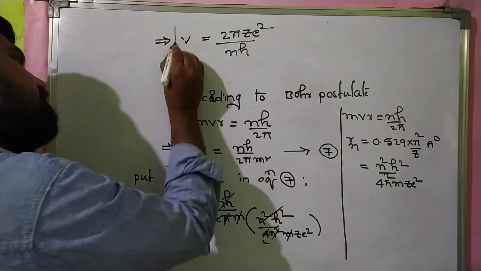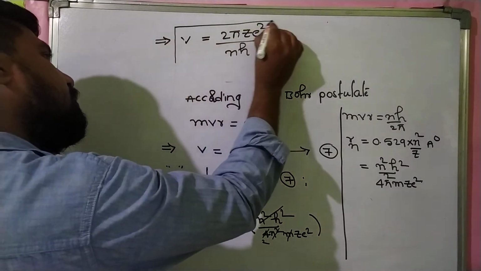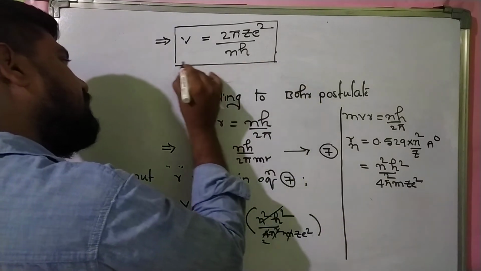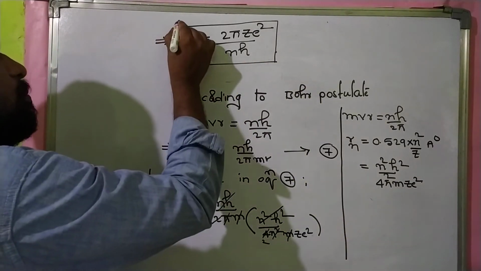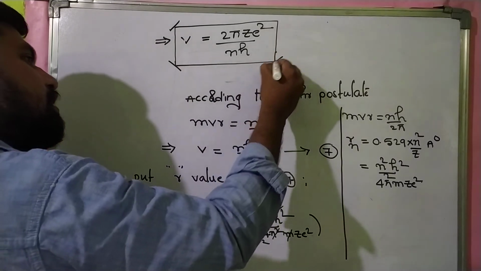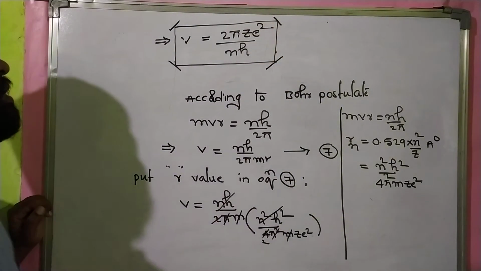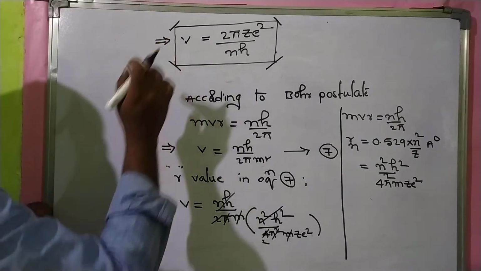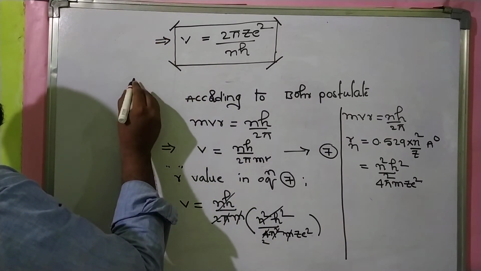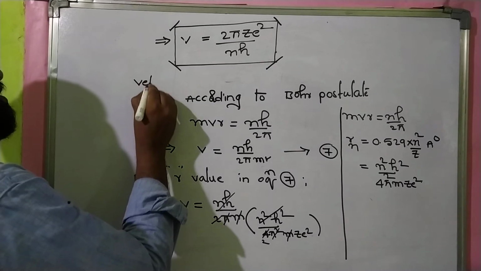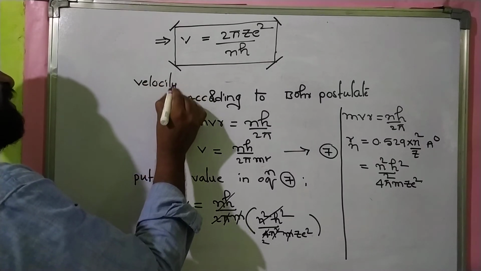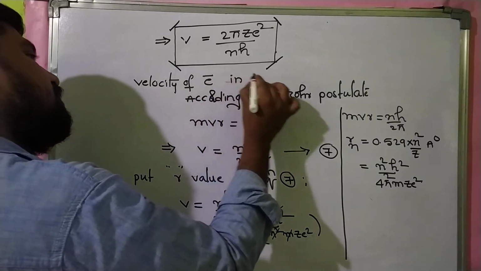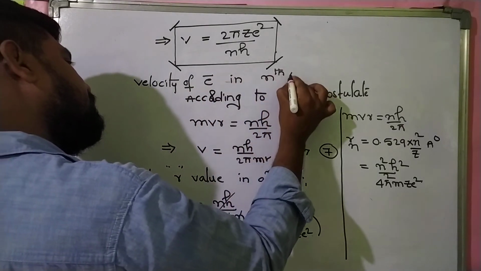So this is the very important mathematical expression for the velocity of the electron in Bohr's orbit. Please keep this in a golden box, very important. It is the velocity of electron in the nth orbit.